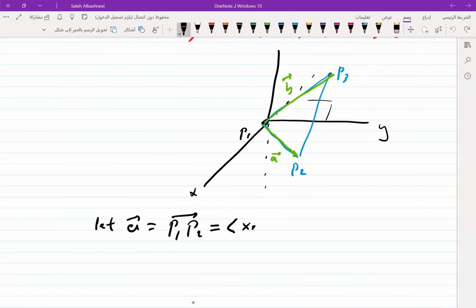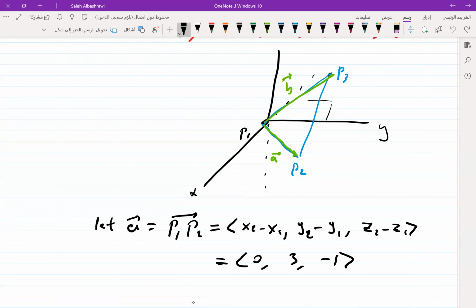The formula is x2 minus x1, y2 minus y1, z2 minus z1. This will be the components of the vector. Since the initial point is the origin, the vector will be the coordinates of B2. So it is 0, 3, minus 1. This is a position vector.